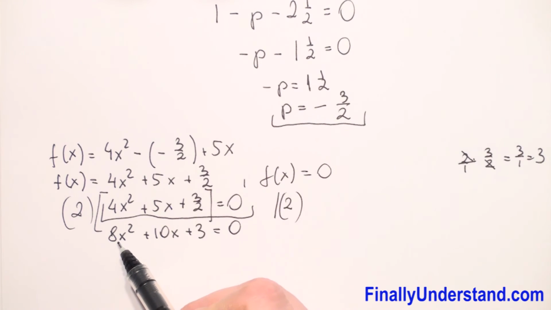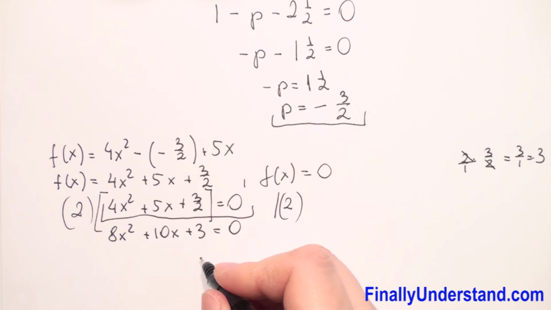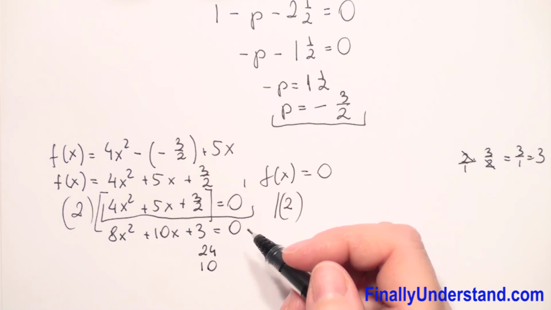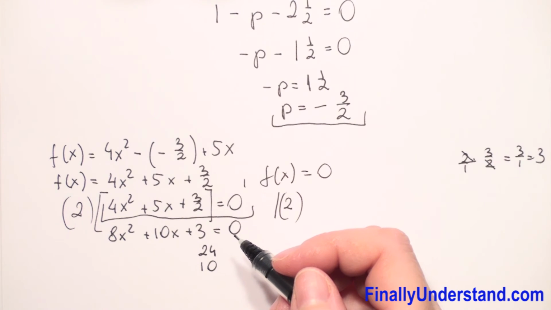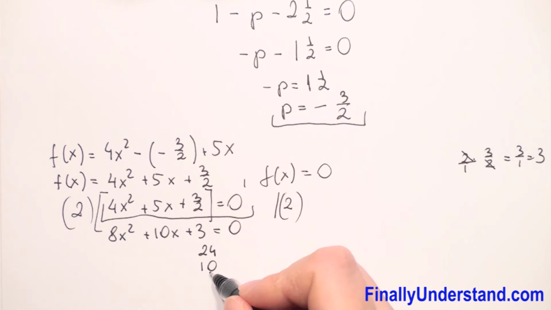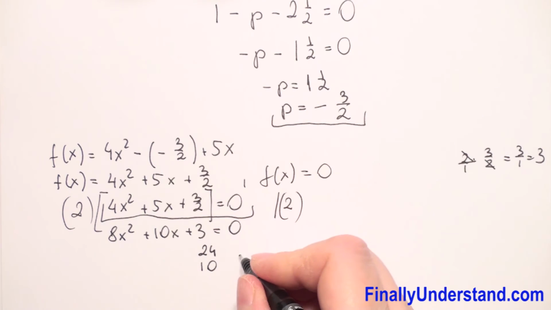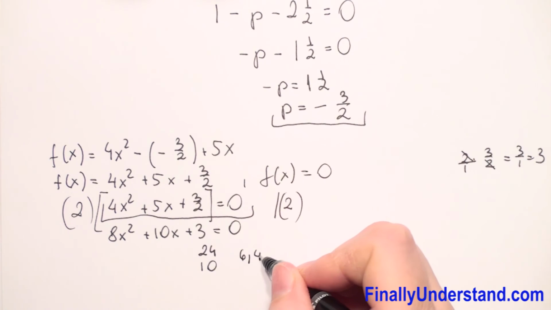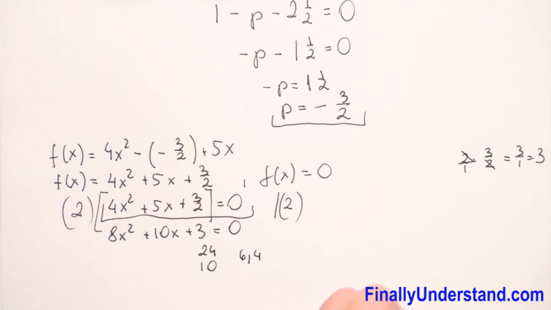First, because the coefficient before x² is different than 1, I have to multiply 8 times 3. 8 times 3 gives me 24. And the coefficient before x is 10. So I have to find two numbers which multiply to 24 and add to 10. It will be 6 and 4, because 6 times 4 gives me 24 and 6 plus 4 gives me 10.